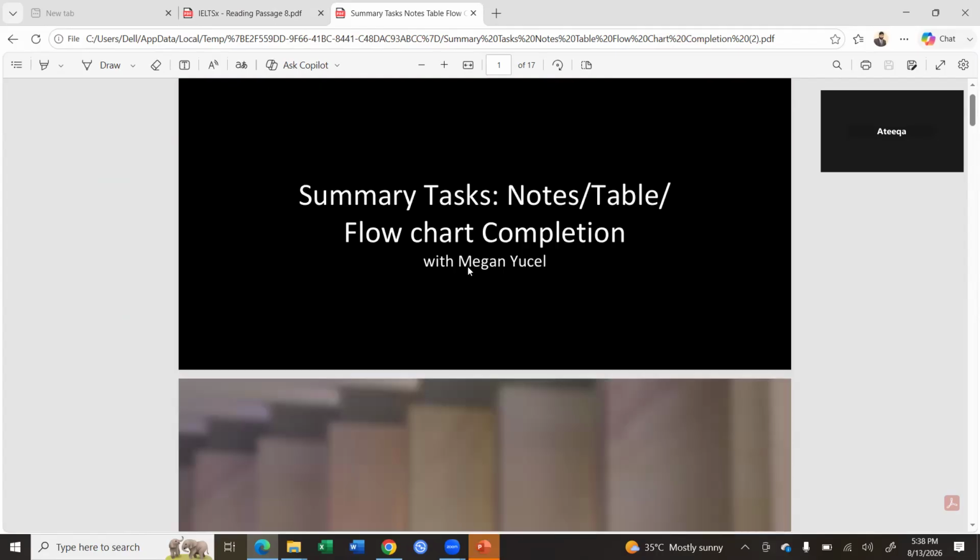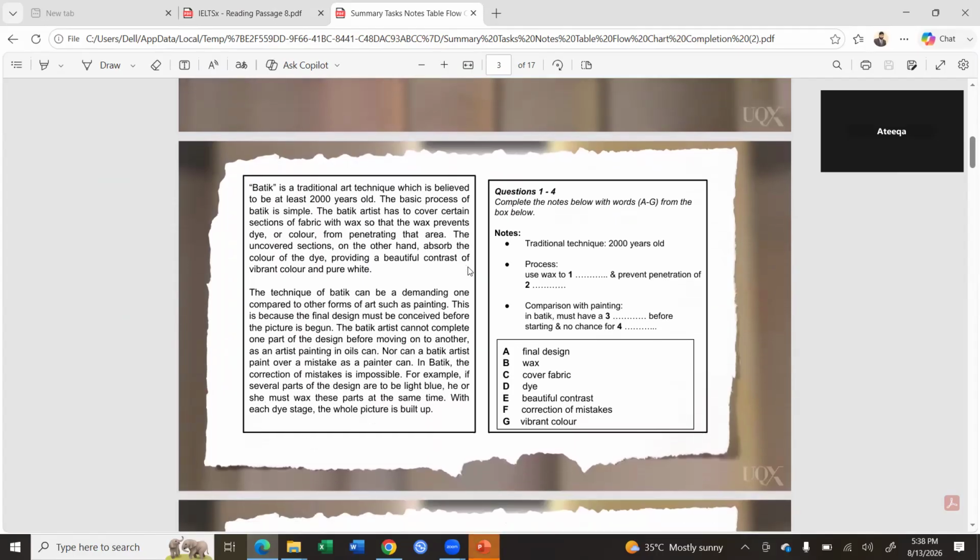Okay. So the first thing is that we should be talking about notes or table completion. Now, here is the note. The question is that we need to answer questions 1 to question number 4, and that is complete the notes below with words A to G, right, which are mentioned here in the box, right?